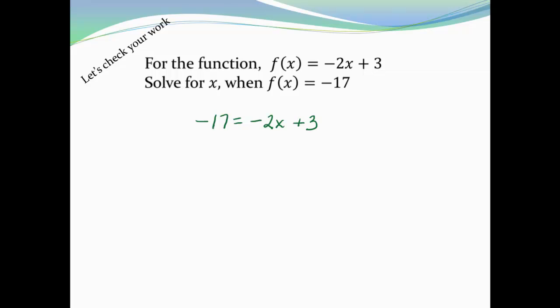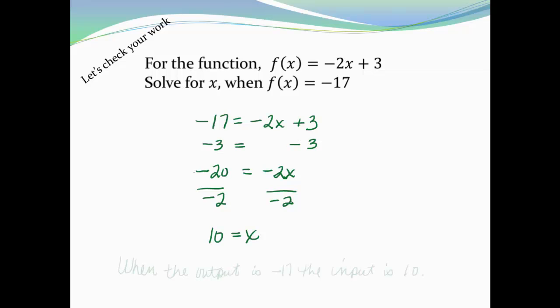To solve for x, I want to subtract 3 from both sides. So then I'll have negative 20 is equal to negative 2x. And then divide both sides by negative 2. So I get 10 is equal to x. Again, we can write that as x is equal to 10. But what that means is when the output is negative 17, the input is 10.